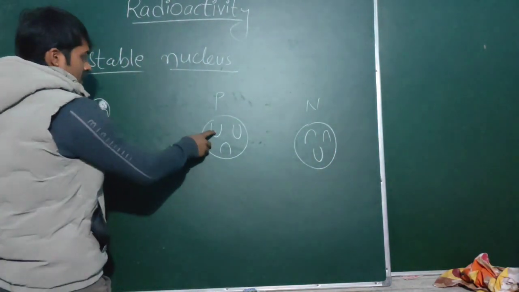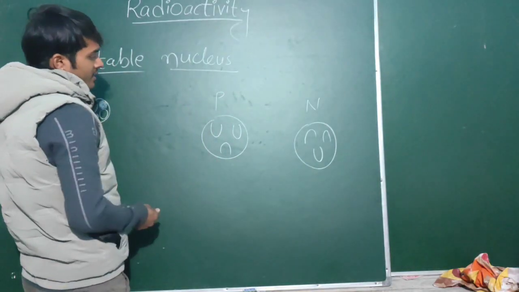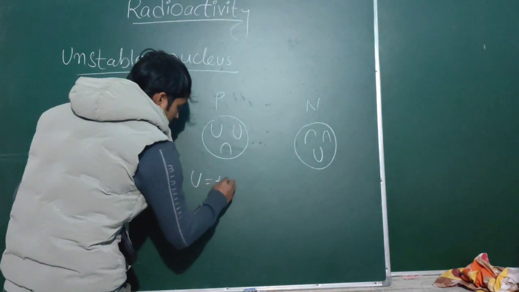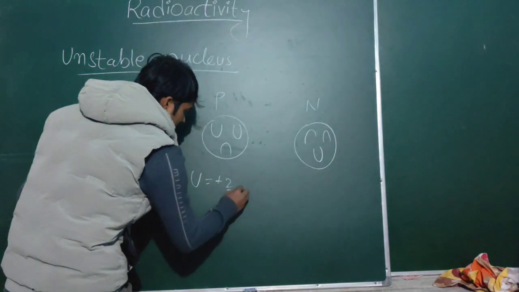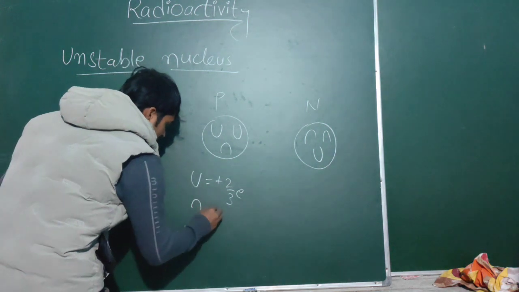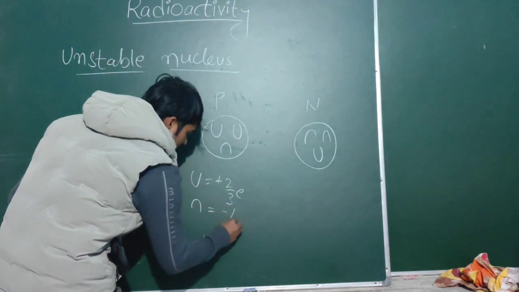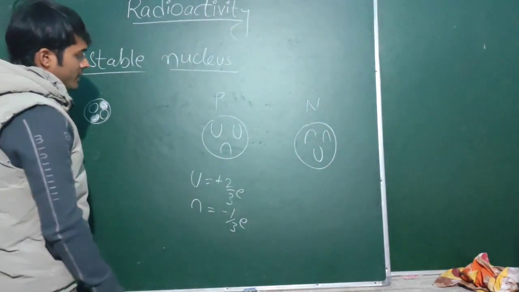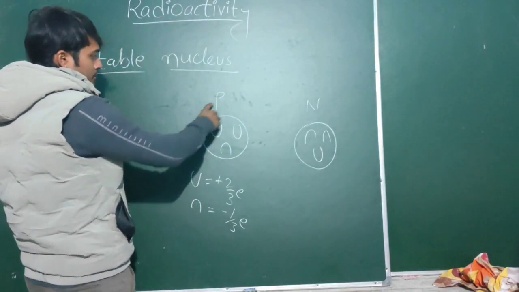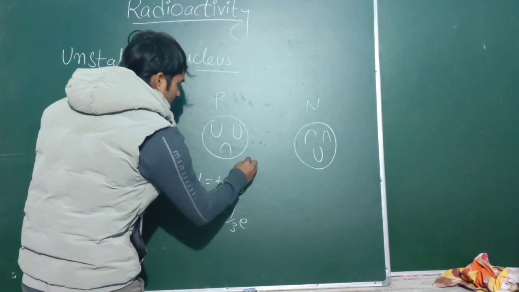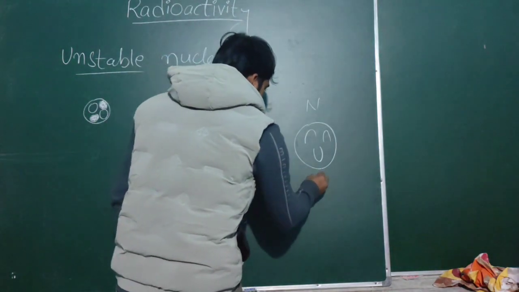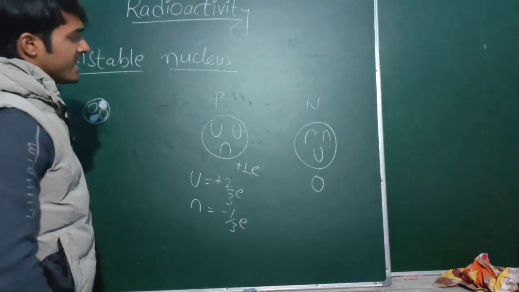These quarks possess their own charge: an up quark has a charge of plus 2/3 of the electron charge, and a down quark has minus 1/3 of the electron charge. So when we add up the charges of two up quarks and one down quark, the proton ends up with a charge of plus 1 electron charge, and the neutron ends up with a charge of 0. So it does not possess any charge.